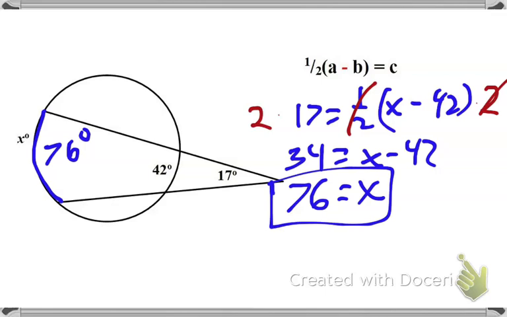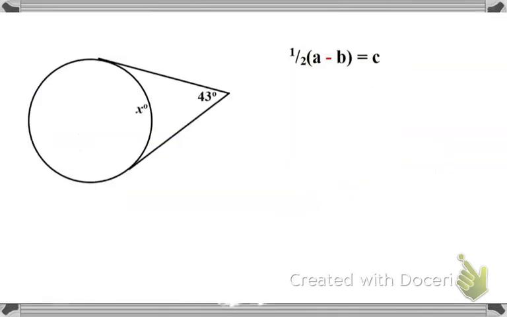All right, let's take a look at one more. Okay, so here we have two tangents. Still, 1/2 a minus b equals c. Remember, c is the angle. So we have 43 equals 1/2. It did not give me either one of these arcs, did it?